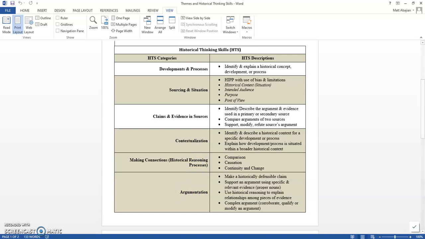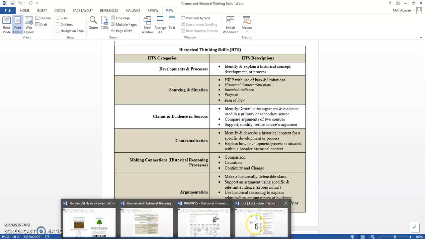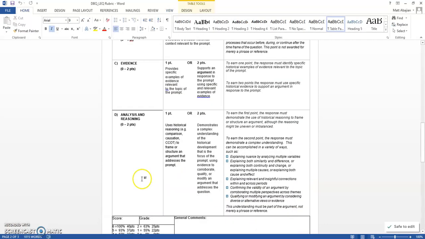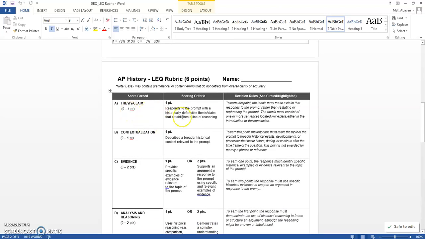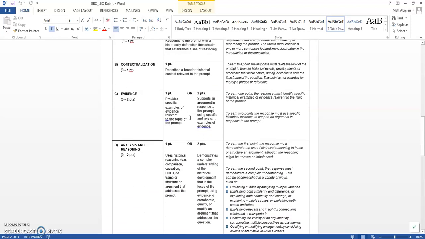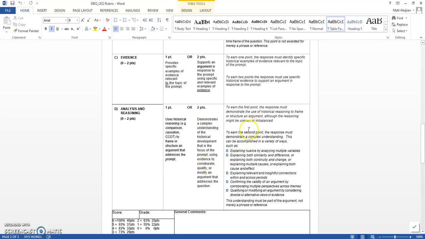This is the key part in your writing that you will do for me for the rest of the year, is that you're going to develop a complex argument. Essentially, it's going to start with your thesis, where you're going to respond to a historically defensible claim or thesis, so that's your line of reasoning or argumentation, and then you can expand upon it through a series of things that you see here.